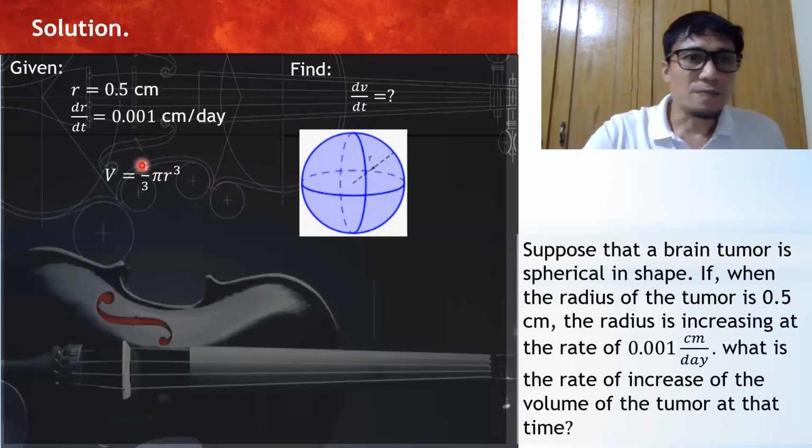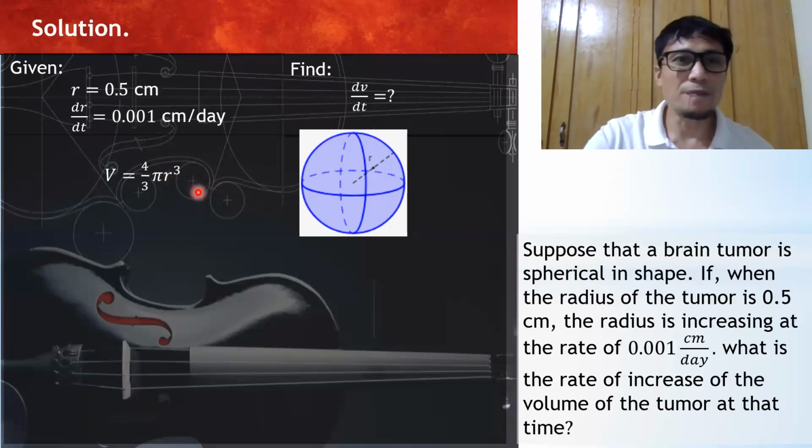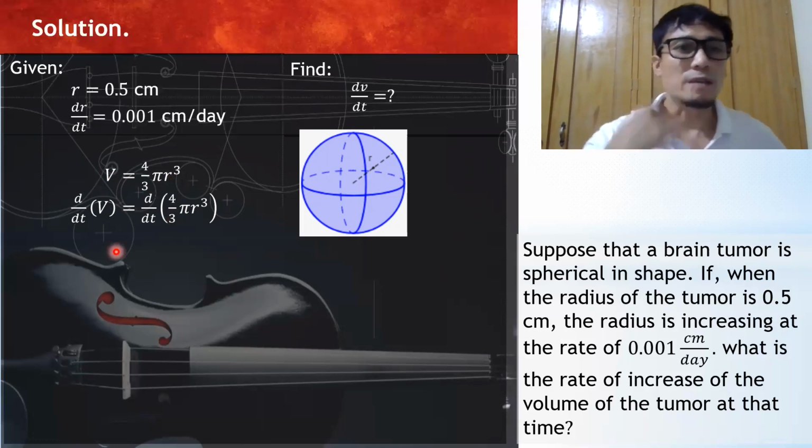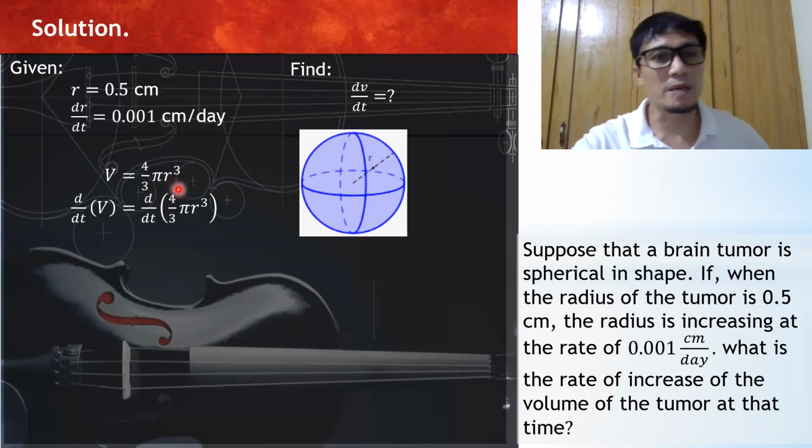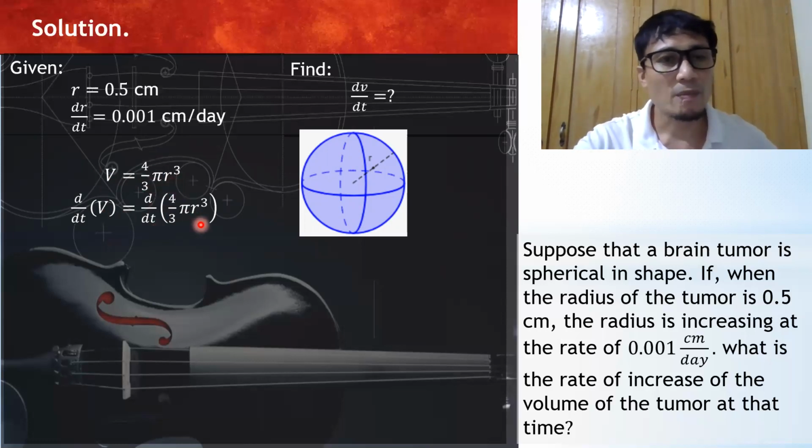Now since V and r are functions of time, to be able to find this notation dV/dt, we're going to apply the chain rule. Meaning compute the derivative with respect to time of both sides of the equation. So we have the derivative of the volume with respect to time, and the derivative of 4/3 pi r cubed with respect to time.